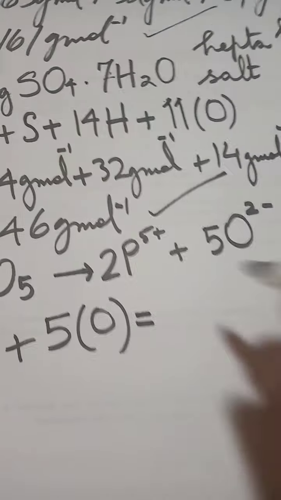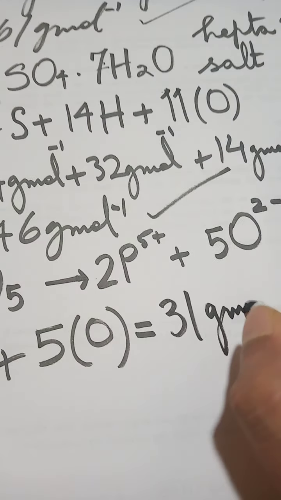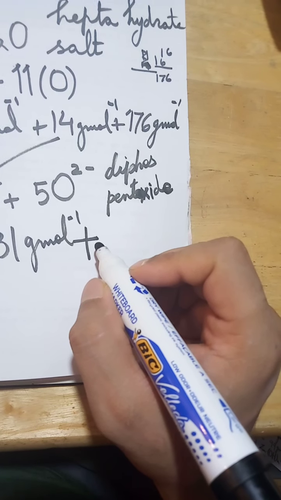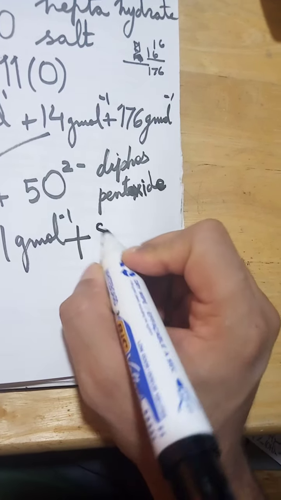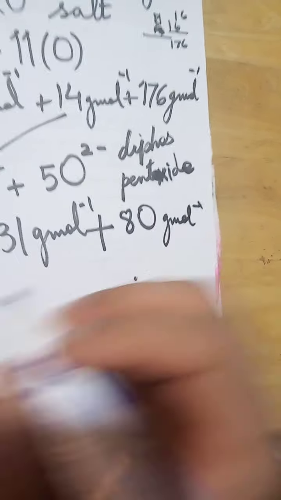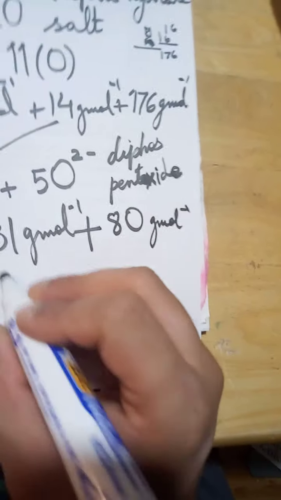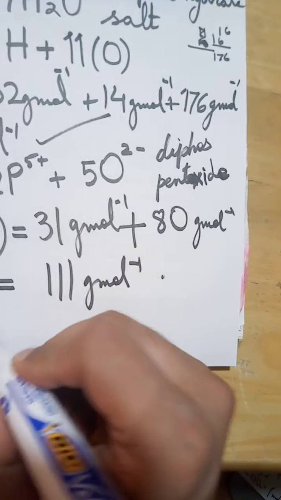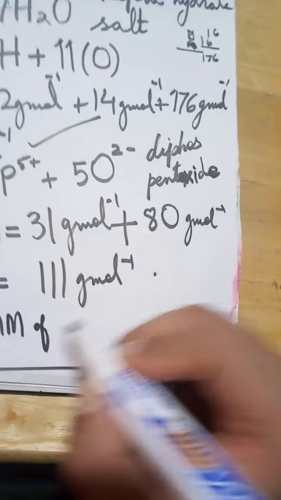And phosphorus, for your convenience, is 31. So that's 31 grams per mole plus 80 grams per mole, and that'll be 111 grams per mole. Wow. So yeah, is that true? 80 and 31. Yeah.